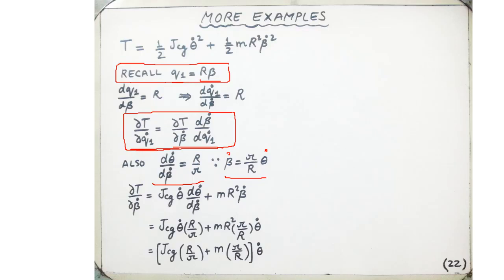So substituting these into the partial derivative of kinetic energy with respect to beta dot gives us this expression, and here we substitute the expression of beta dot, that is small r over capital R, and we get the whole expression in the form of theta dot only, which is this.